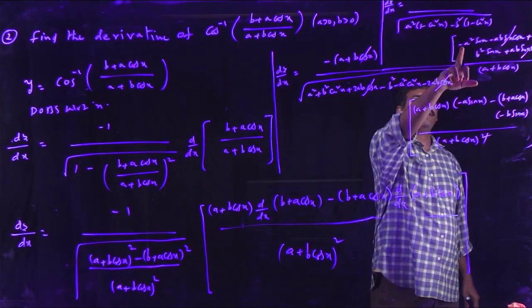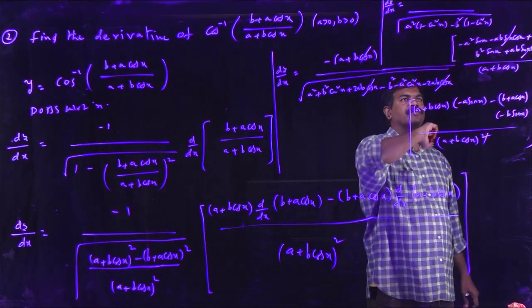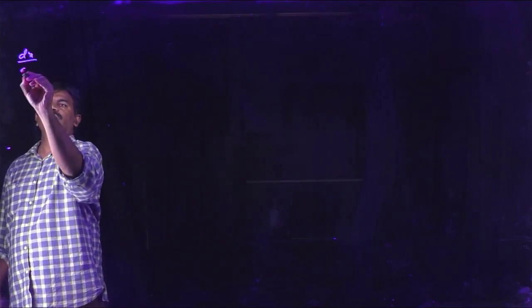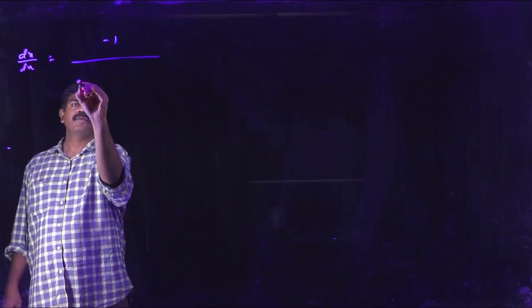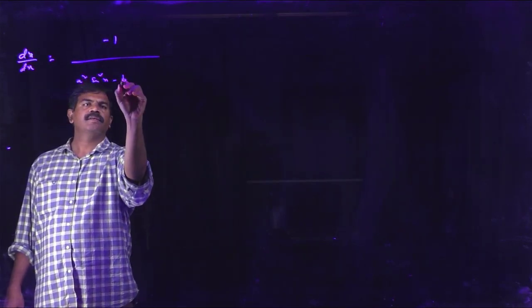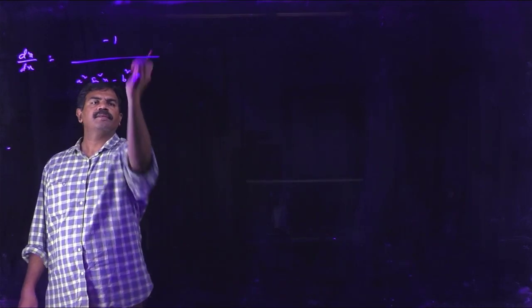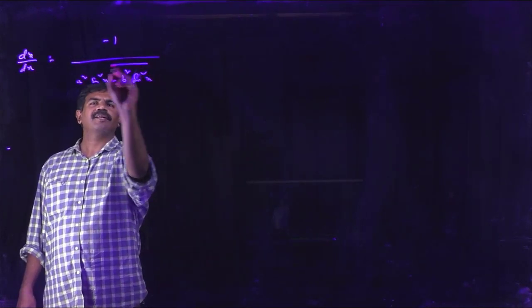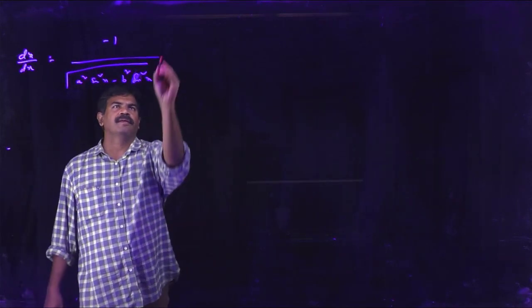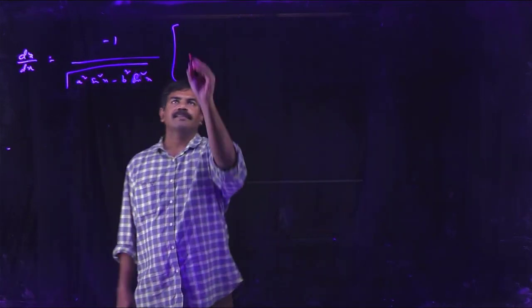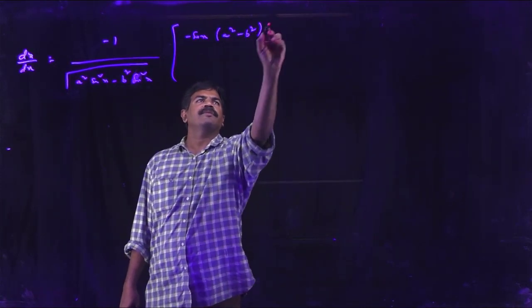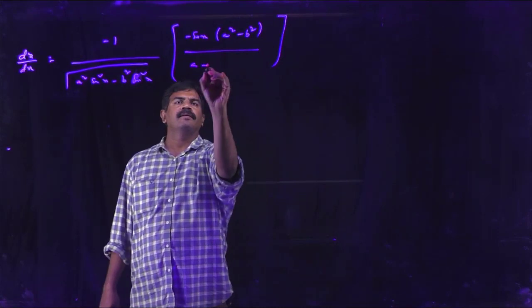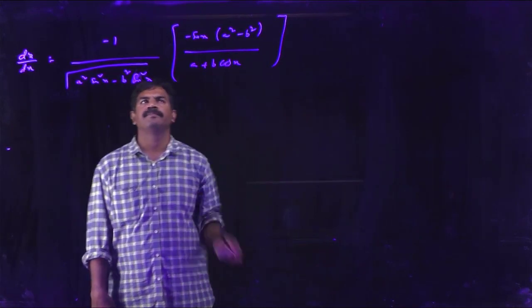Here minus sin x is common, we get (a square minus b square). dy by dx is equal to minus 1 by root of a square into sin square x minus b square into sin square x, because 1 minus cos square x is equal to sin square x, into there, minus sin x is common, we get (a square minus b square) by (a plus b into cos x).